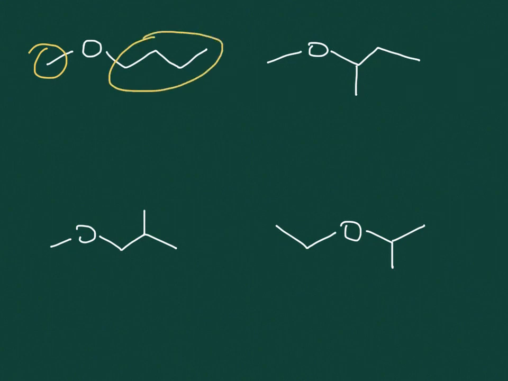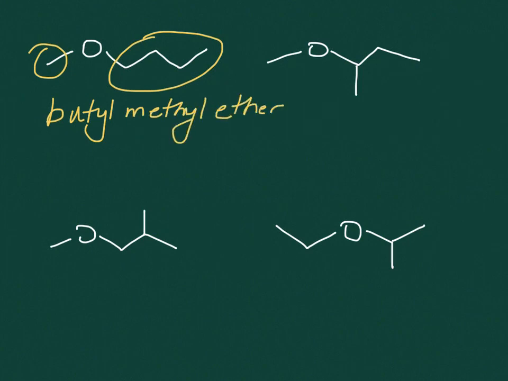So we can name this as butyl methyl ether. Or we could name this 1-methoxybutane.